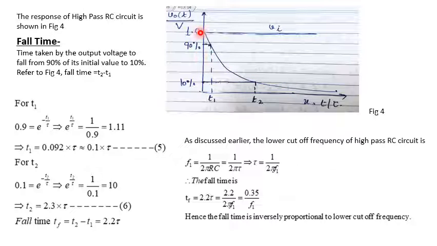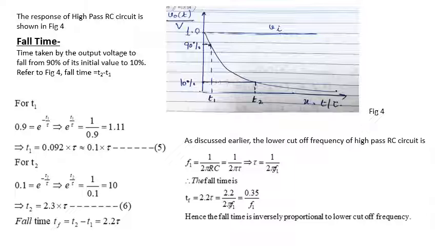That is, at t equal to 0, it will be maximum, and after that the output voltage will start decreasing in the exponential manner. Now there is a term called fall time in whole of this episode, and the fall time gives an idea how fast the output voltage is falling with the increase in time.